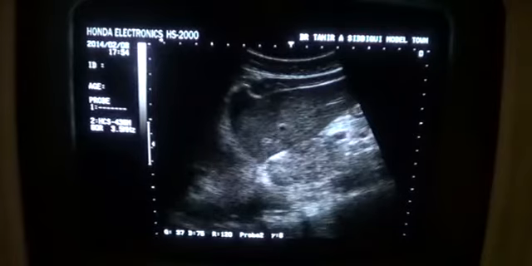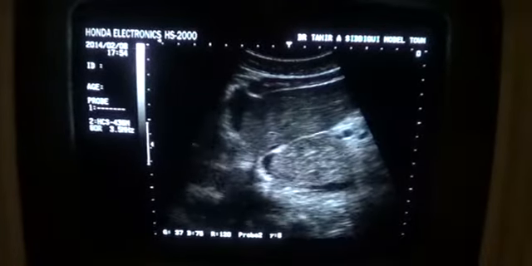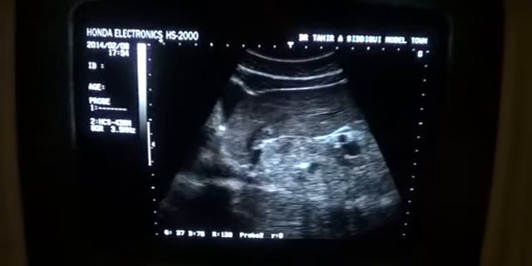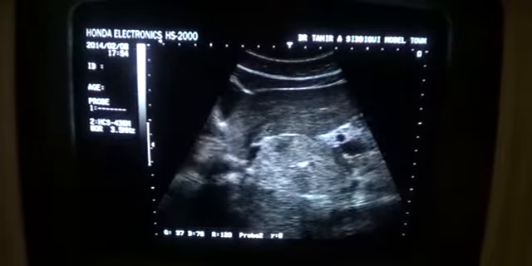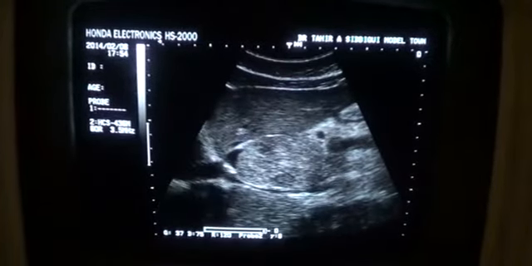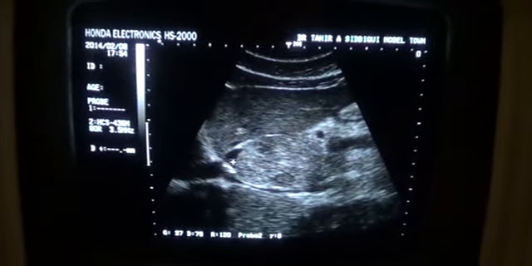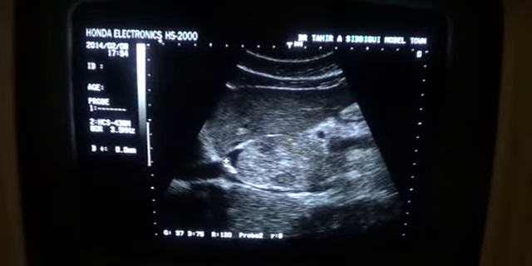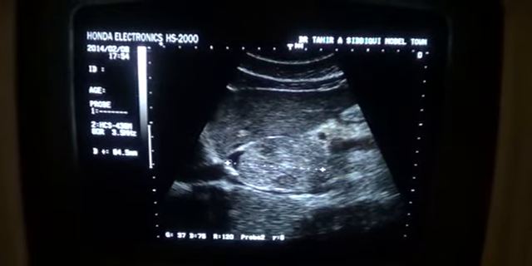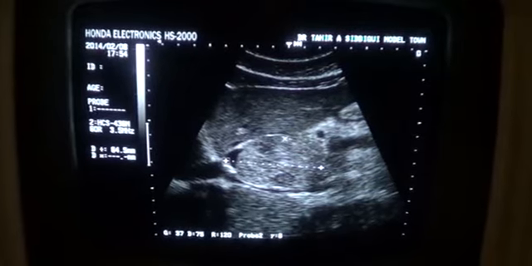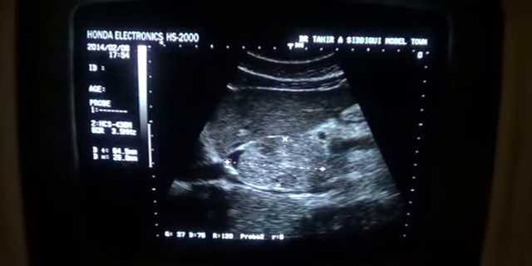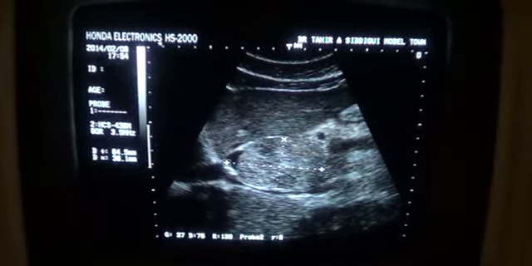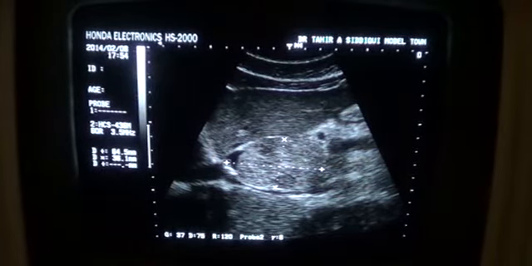And as I move the probe a little to the right, I see a heterogeneous mass. Yeah, this one that measures approximately 6.4 by 3.6 centimeters, ligamentum venosum, IVC, portal vein, CBD.